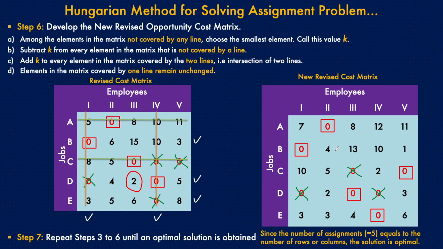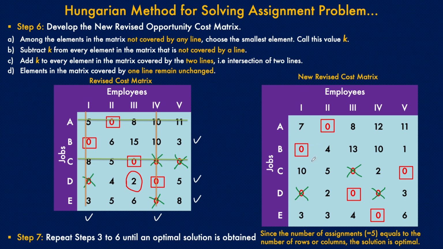First row assigned, second row assigned, third row, now the third row is assigned. Now the fourth row has only 1 0 element. You just assign this one. Fifth row is assigned. Now there is no column or row with an independent 0 element. Now the assignment is over, and immediately after that you count the number of assignments. 1, 2, 3, 4, 5.